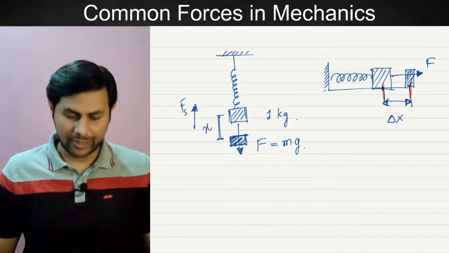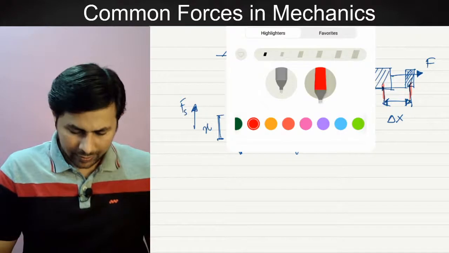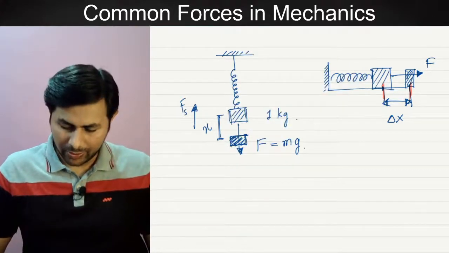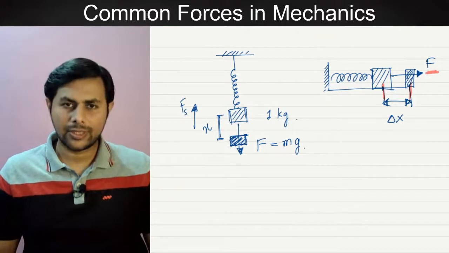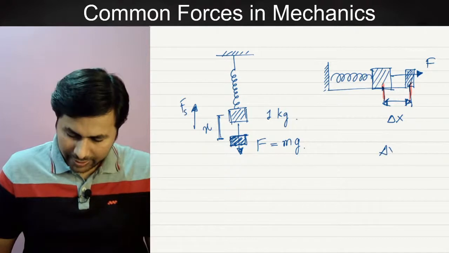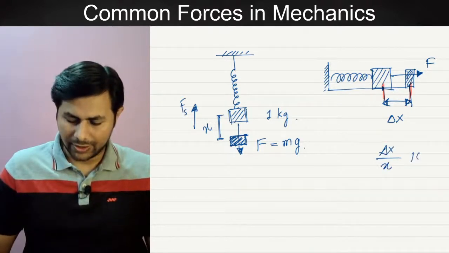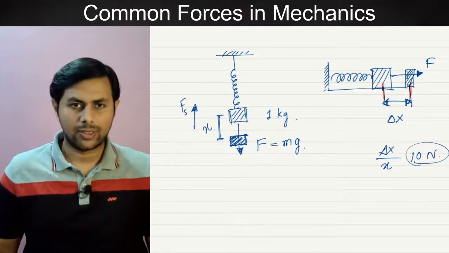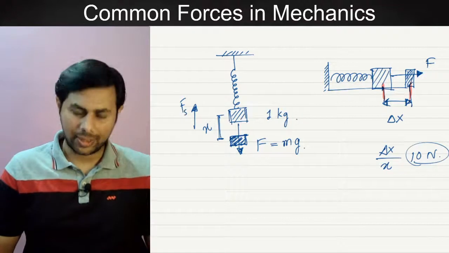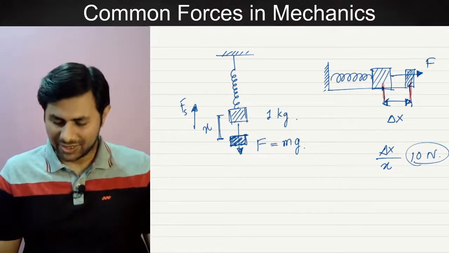We can calibrate the spring, but can I directly say that this force F is equal to delta X over this X times 10 newtons? Because for 10 newtons the displacement is X. So can I say this?